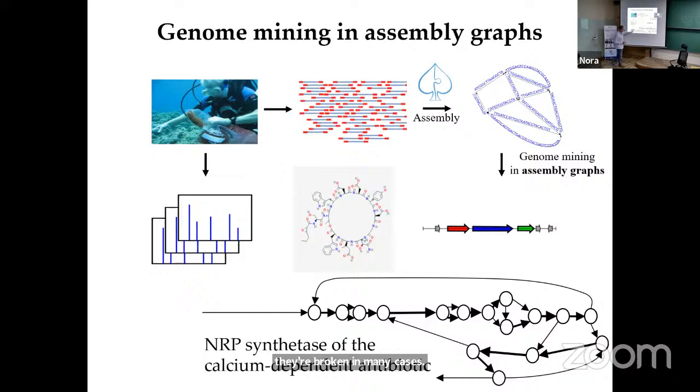For example, one particular antibiotic is encoded by this subgraph of the graph. And our algorithm for incorporation, our bridge here, doesn't work. It only works if we have a perfect sequence of NRP synthetases. So that's why we were not able to implement this vision for metagenomic cluster discovery, because everything is broken.